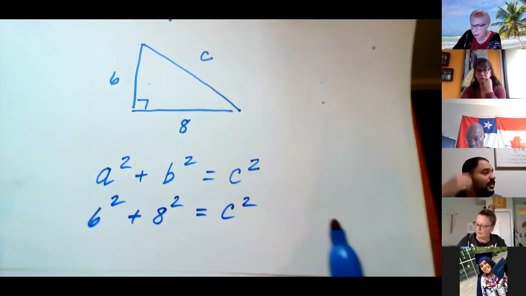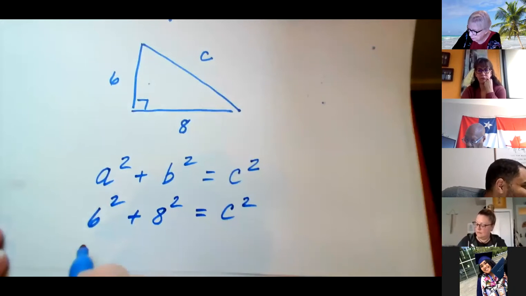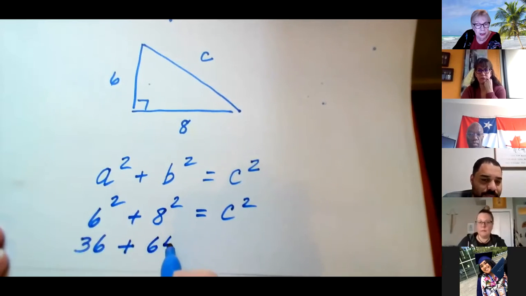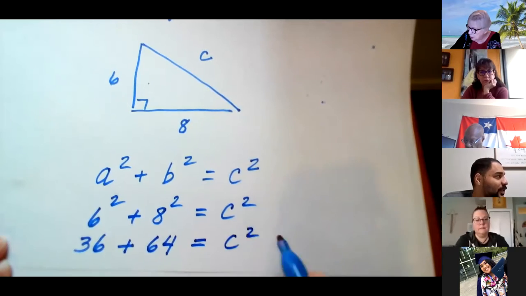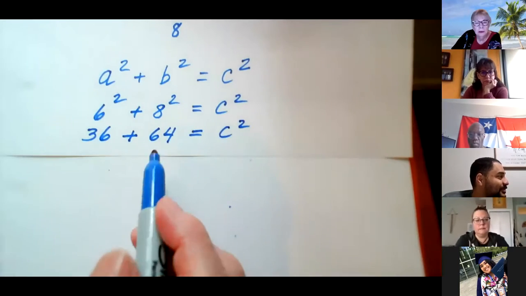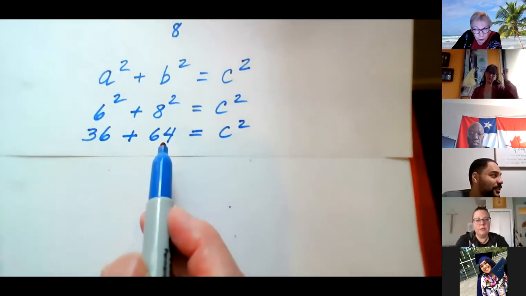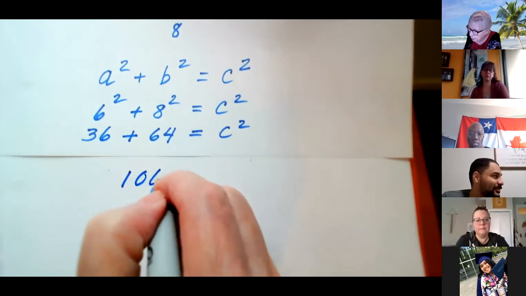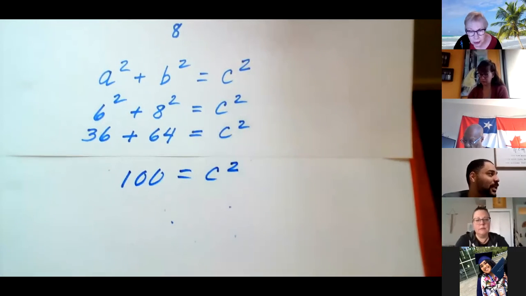Okay. 6 squared, we know, 36. Adding is last. 8 squared, 64. And that's going to equal C squared. So 36 and 64 make 100. Okay, so 100, not done.